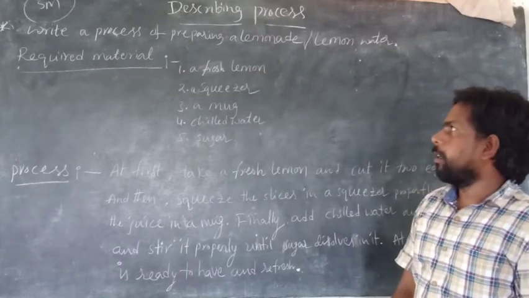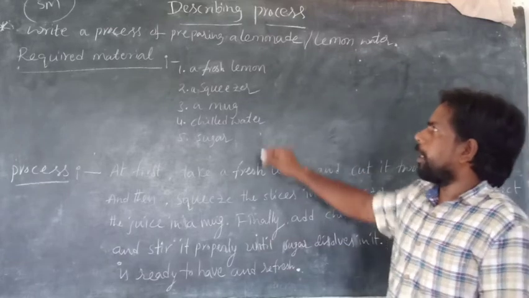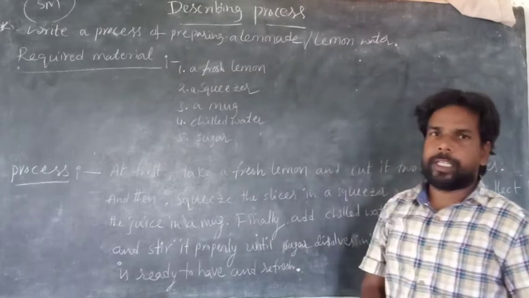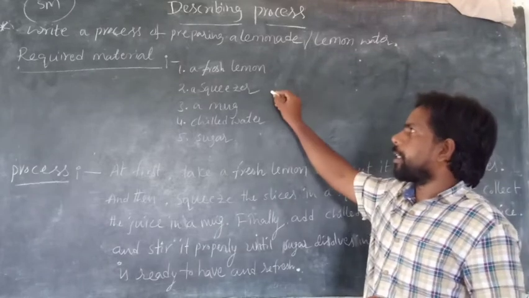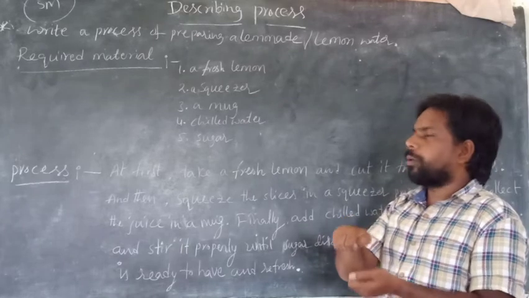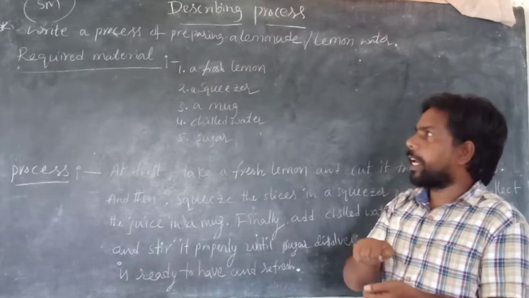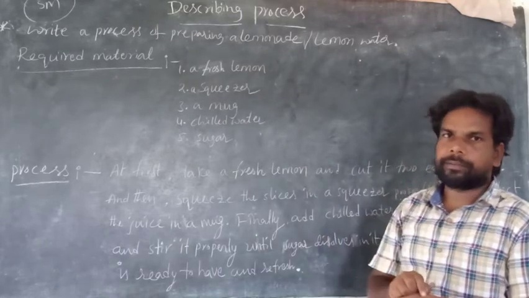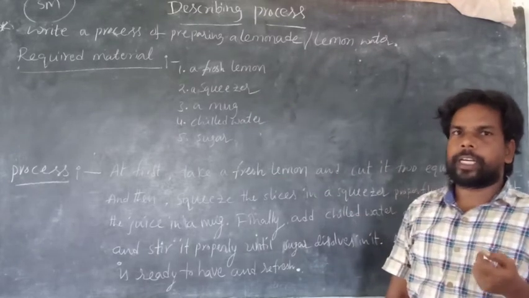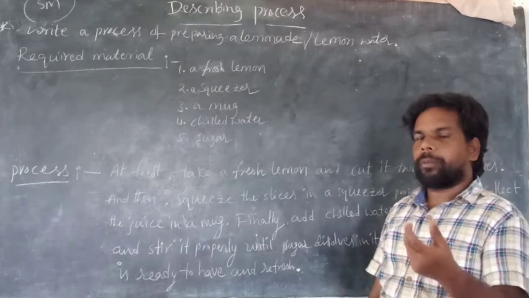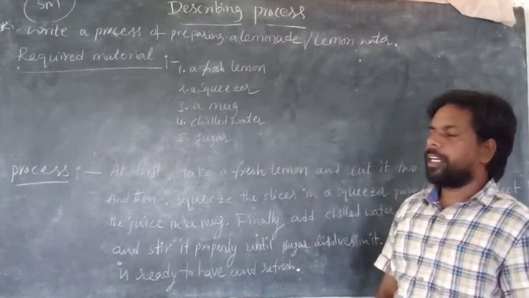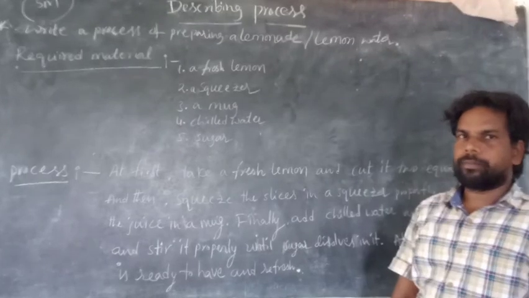Is it clear? So to prepare lemonade, we need a fresh lemon. Next one, a squeezer. A squeezer is one kind of instrument to squeeze the slices of lemon. Next one, a mug. You can take a mug or one small glass. Next one, chilled water, cool water.